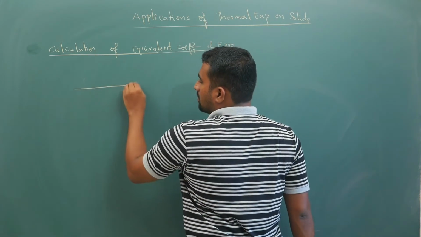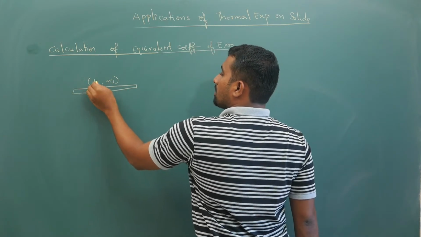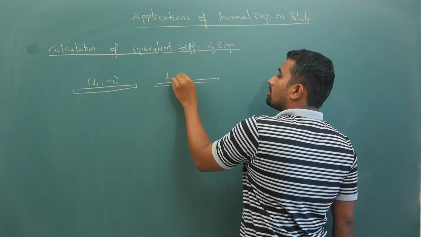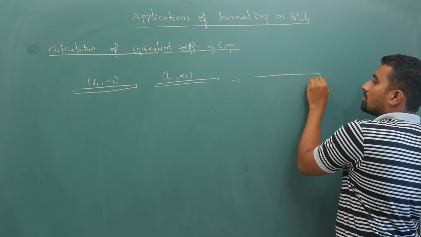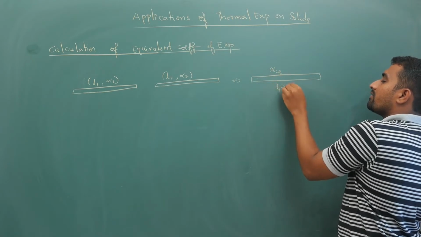Now let us say you have two rods, length L1 with alpha 1, and one more rod, length L2 with alpha 2. Now let us say I have joined these two rods. For this rod of length L1 plus L2, what is the equivalent coefficient of expansion?